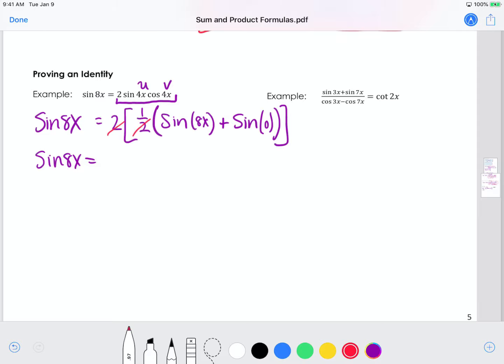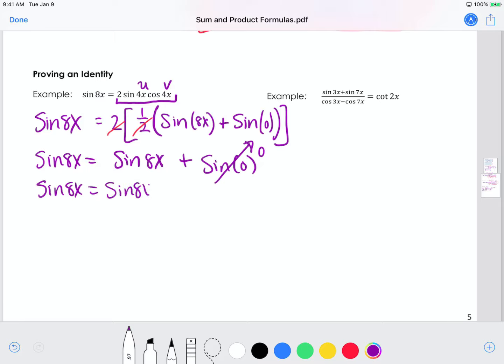So these cross off. I'm left with sine 8x plus sine of 0. Sine of 0 is actually 0. So this crosses off, and I'm left with sine of 8x is equal to sine of 8x. So we're done with this identity.